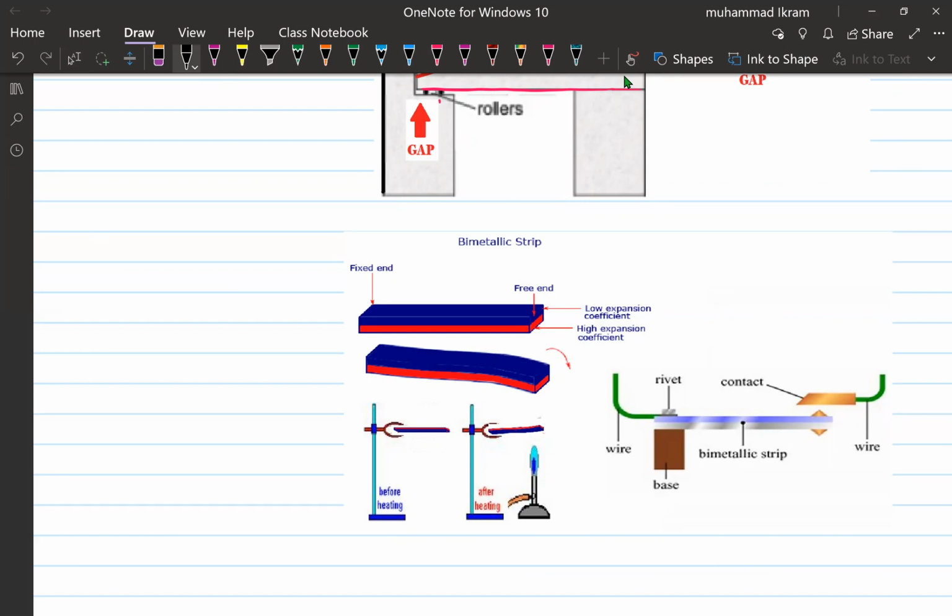One has a low thermal coefficient of expansion, and the other has a high coefficient of thermal expansion.